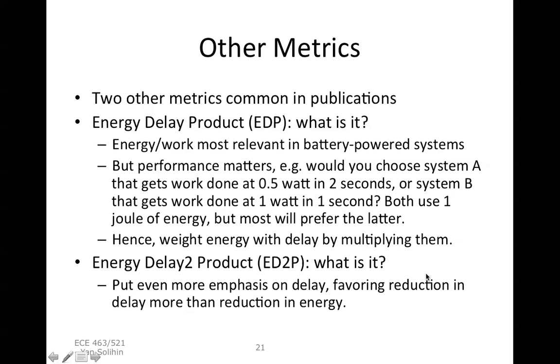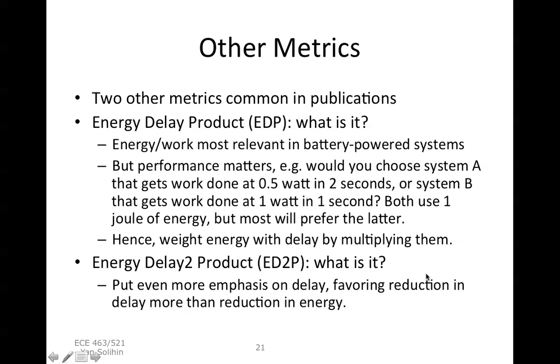Okay, so system B is faster, but it consumes more power. So if you look at the energy usage, they are equivalent. However, we have preference to choose or to buy system B because it can get the same job done quicker.